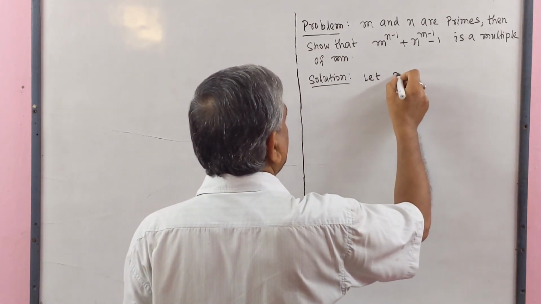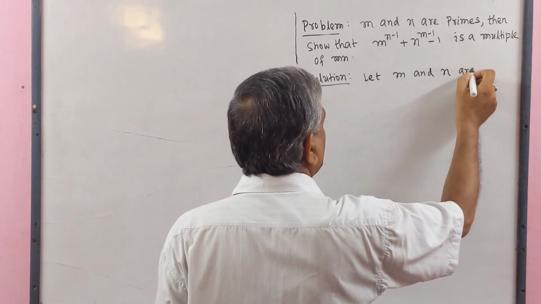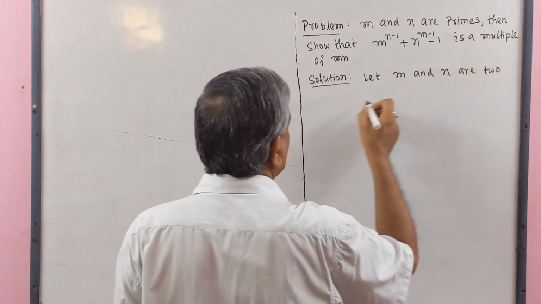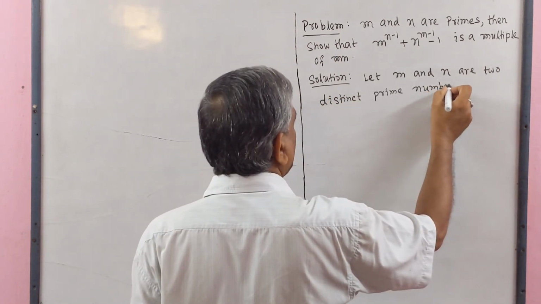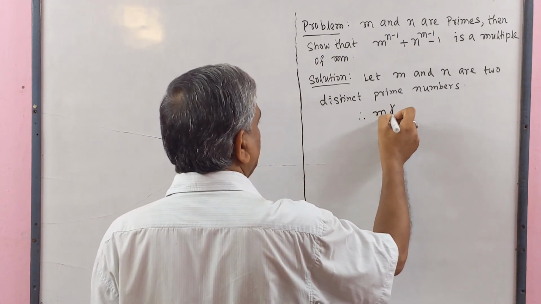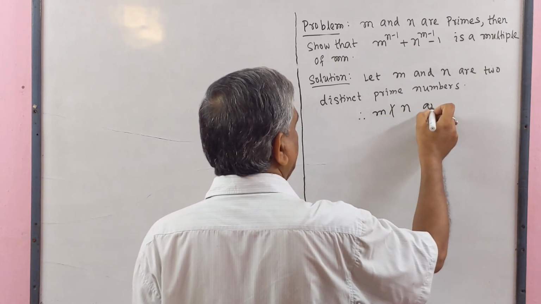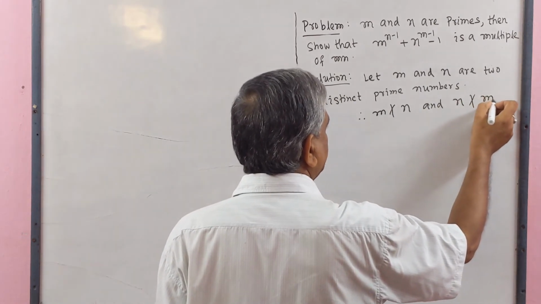Let m and n be two distinct prime numbers. Therefore, m does not divide n and n does not divide m.